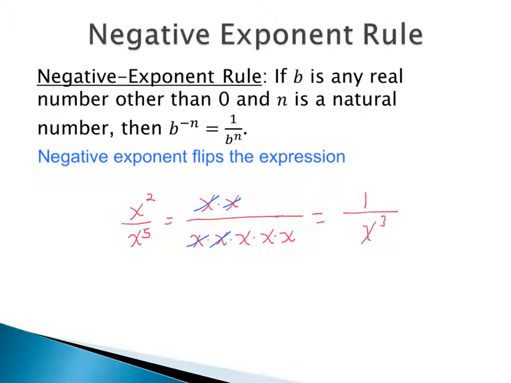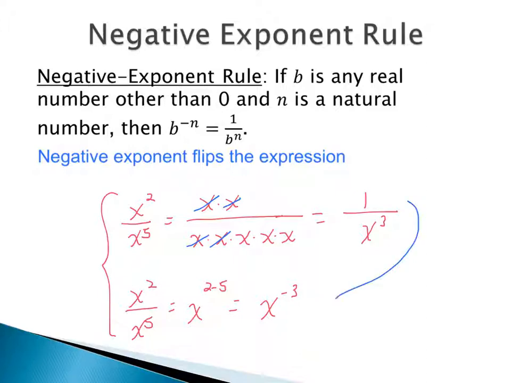Again, if we go back to using our quotient rule, starting off with that x squared over x to the fifth, we would be subtracting our exponents, so I would have x to the 2 minus 5. Well, 2 minus 5 is negative 3. So again, we started off with two equivalent expressions and we solved it different ways, so then we can say that 1 over x to the third is the same thing as x to the negative 3.